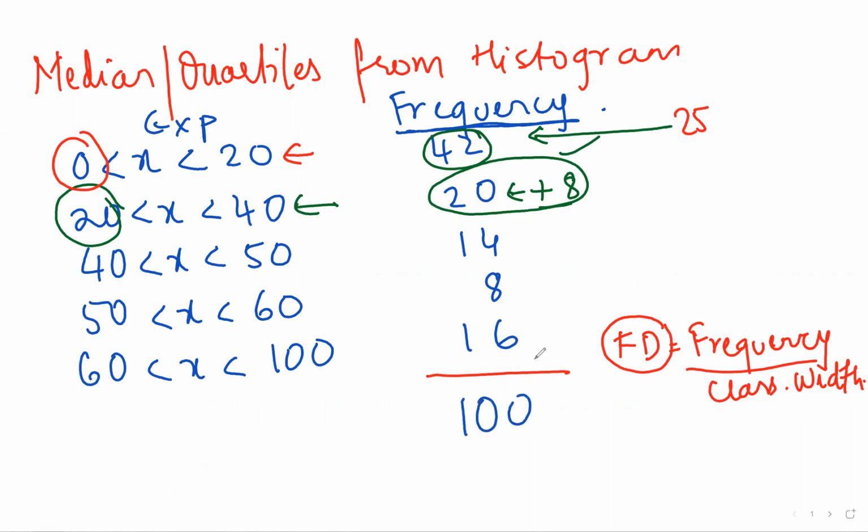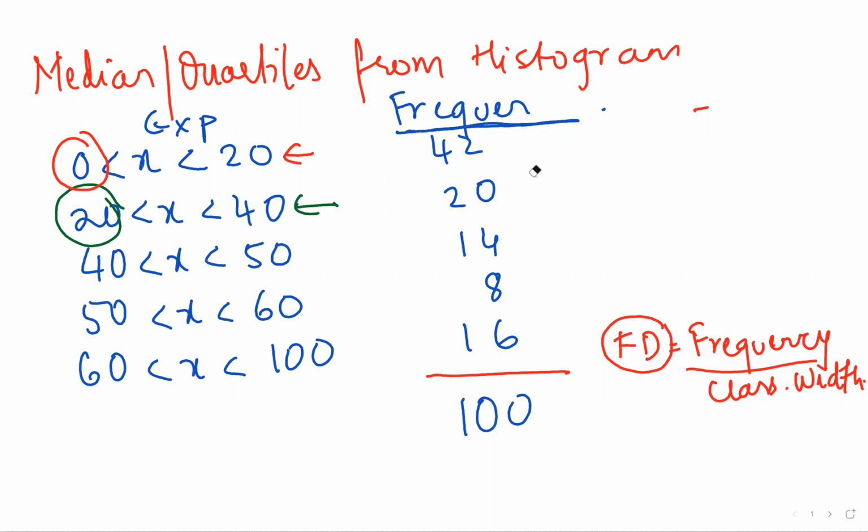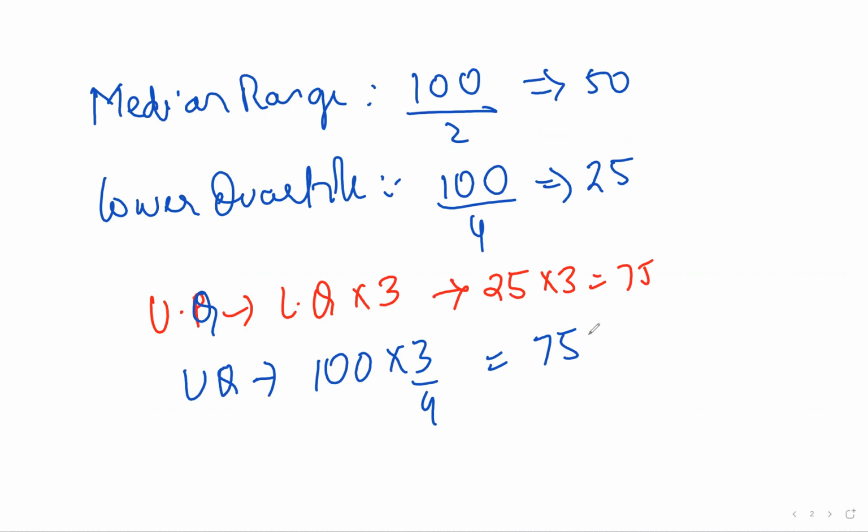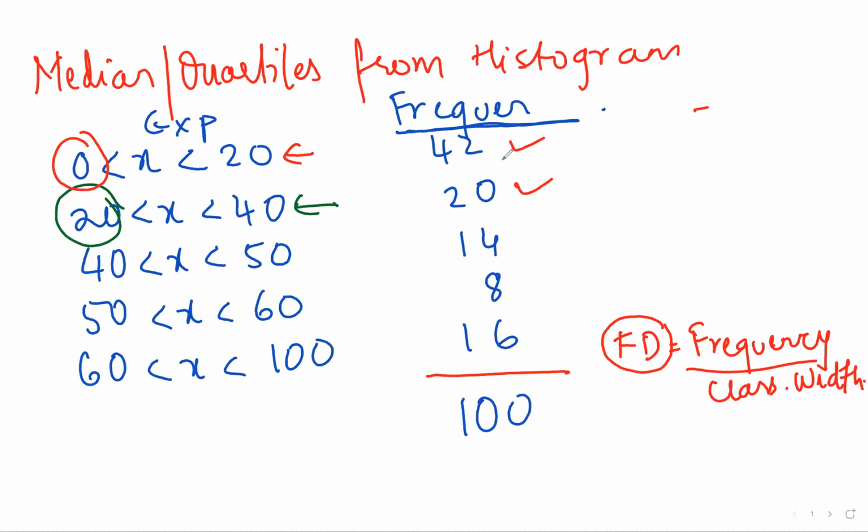It is 75, right? So what I will be doing, I will be getting 42 from here, 20 from here, which is 62, but I want 75. So 42 I got from here, 20 I got from here, 75 minus 62.